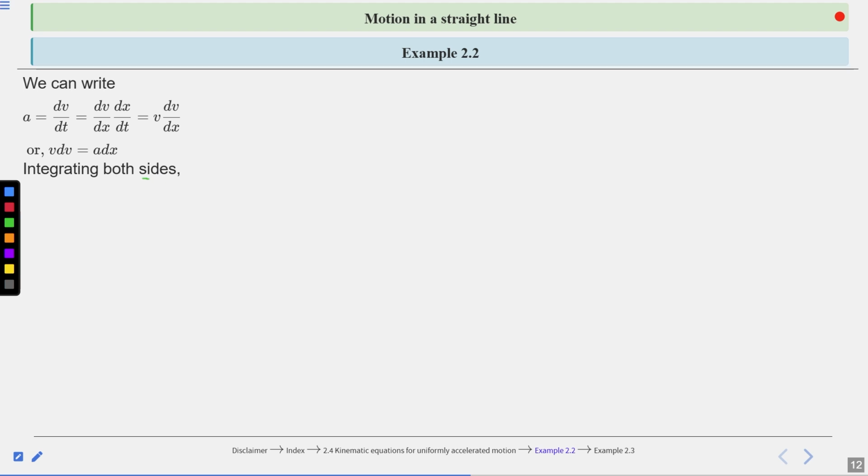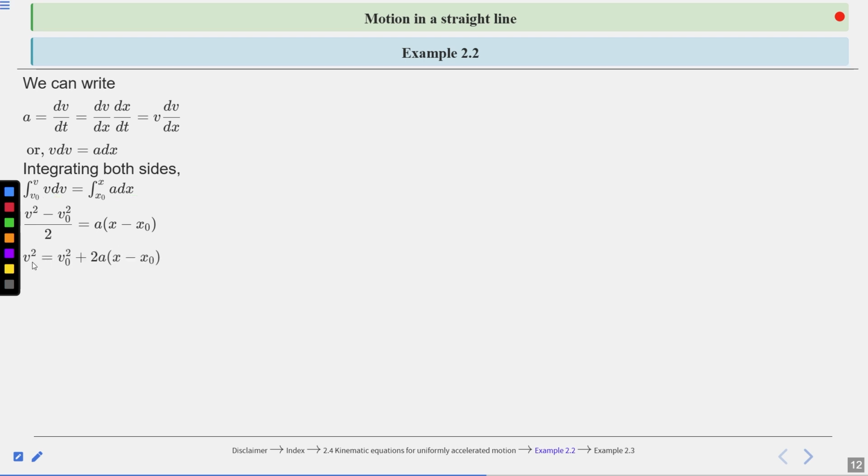Integrating both sides, we get the integration with initial limit v naught and final limit v of v dv, equal to the integration from initial position x naught to final position x of a dx. Solving this, we get v square minus v naught square divided by 2 is equal to a into x minus x naught.